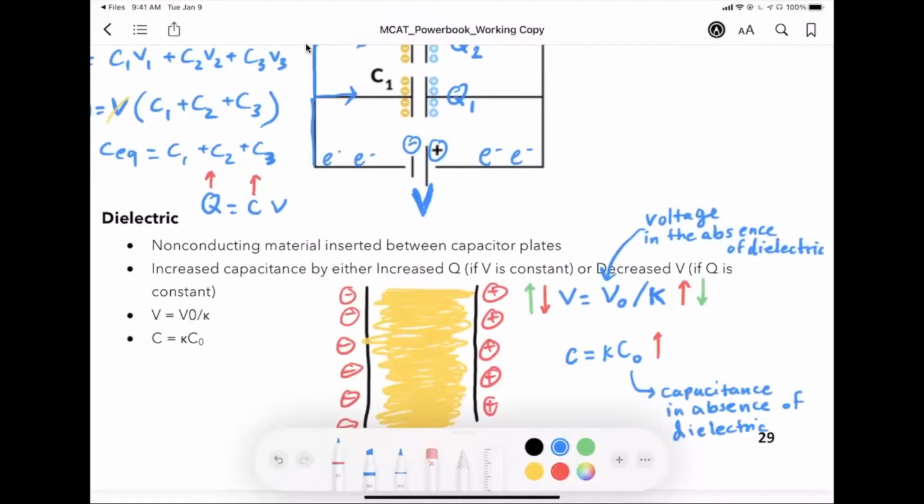And so what this is telling us is, if we increase the dielectric constant, and K equals the dielectric constant, so if we increase the value of K, we will increase the capacitance. If we decrease the value of K, we will decrease the capacitance, right? This is a direct relationship, and this is an inverse relationship. Okay.